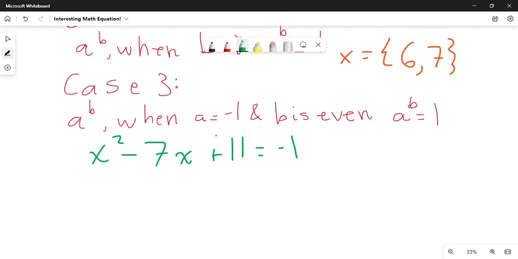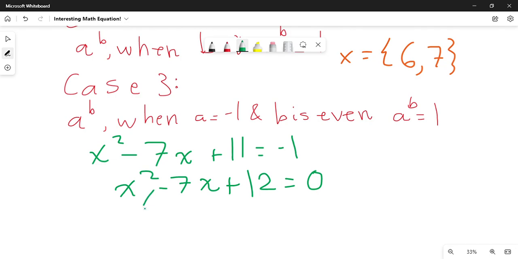Then we add 1 to both sides to get this equation equals 0.